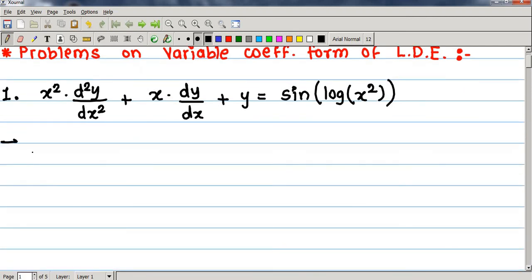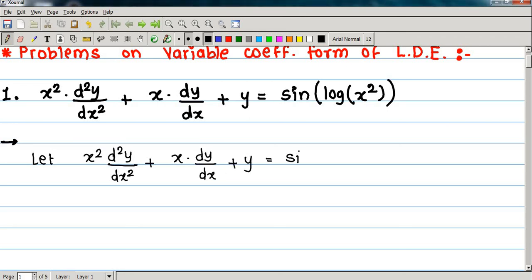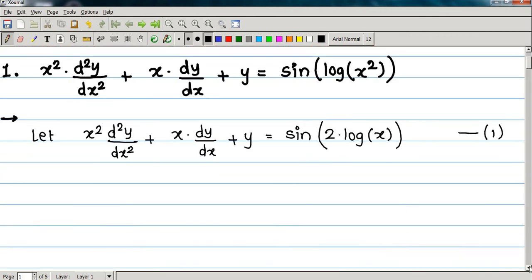So here we consider the given differential equation as x square into d2y by dx square plus x into dy by dx plus y is equal to sine of log of x square, which can be written as sine of 2 times log x. Now we denote this equation as equation number 1.